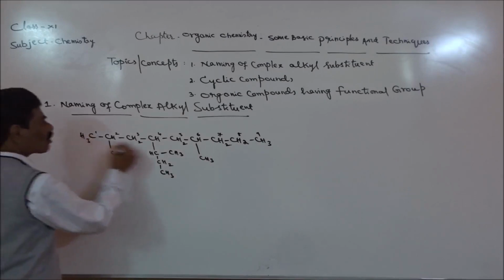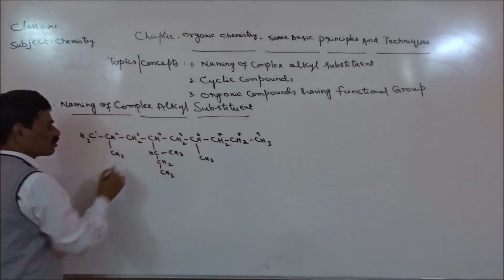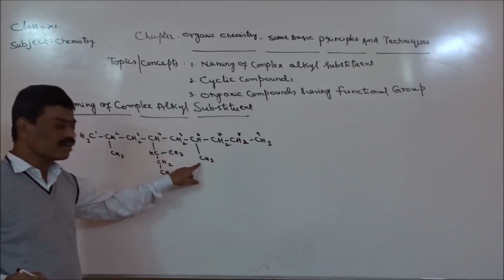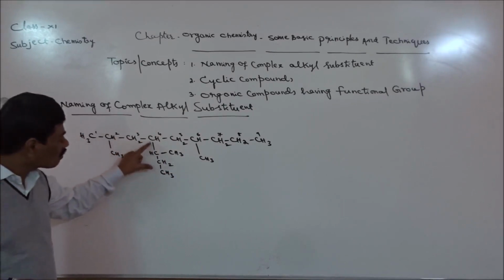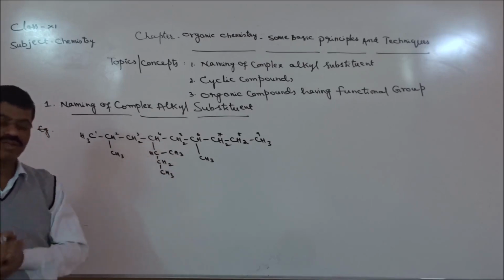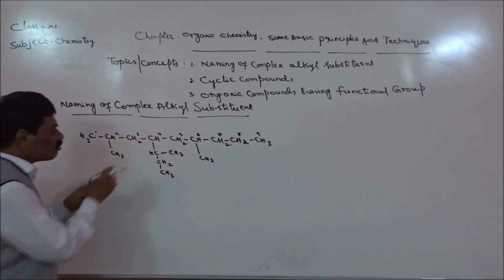This is the long chain, right? And these are substituents. This is an alkyl group. Methyl is an alkyl group, another methyl is also an alkyl group, and this is also an alkyl group, but this is said to be the complex alkyl group because this has a branch in it.